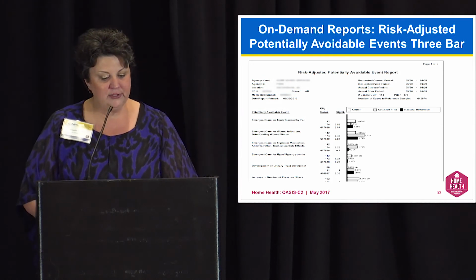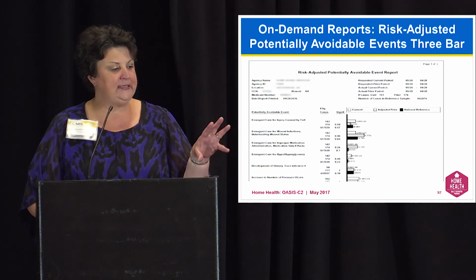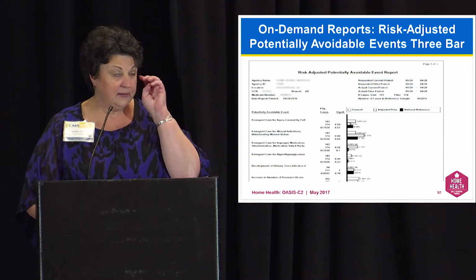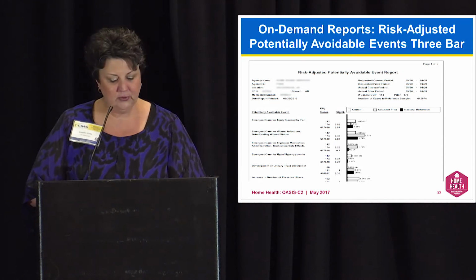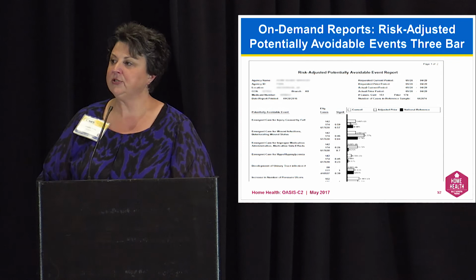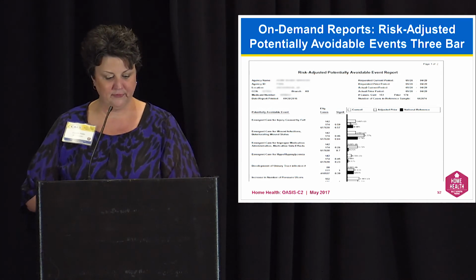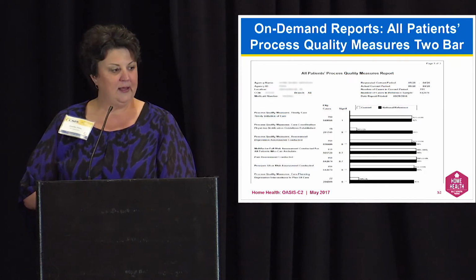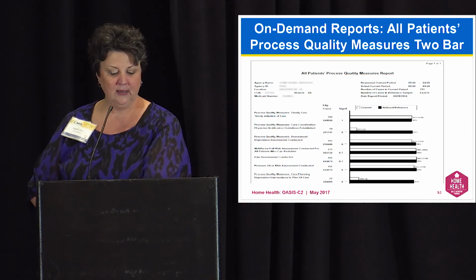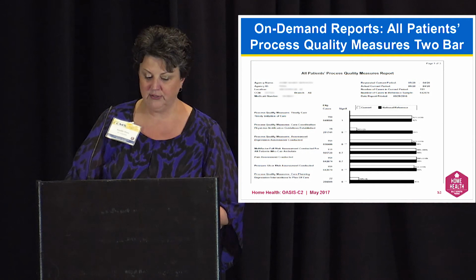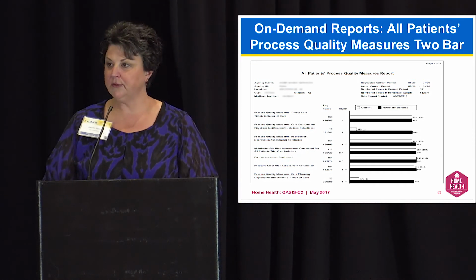Again, I want to point out the dates in that upper right-hand corner. The date ranges are also going to be listed on the report for you. And then there is the all-patient process quality measure report, and this is a two-bar version.